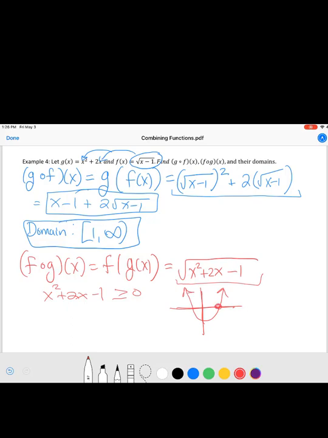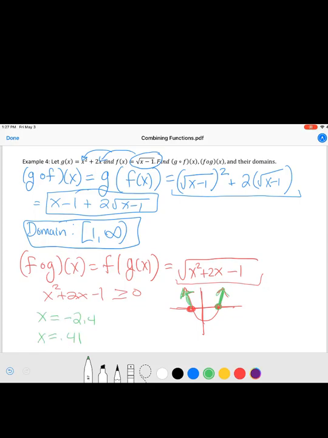I need to find these two values right here because I want to make sure that my values are positive under that square root. So if I find these two values here, I can find these two pieces of the graph where it would remain positive above the x-axis. So I'm going to use the quadratic formula for this. So you go ahead, pause it, and find your answers using the quadratic formula.